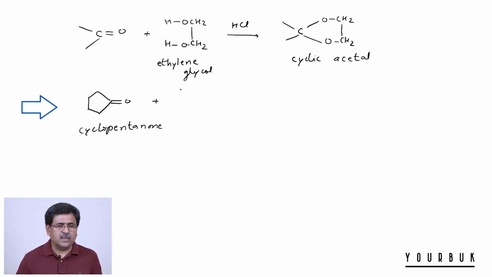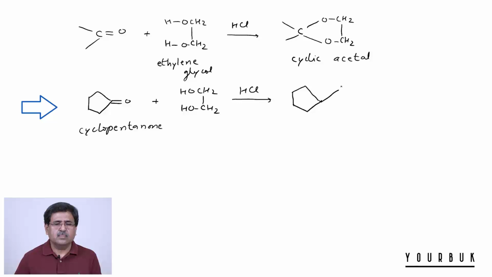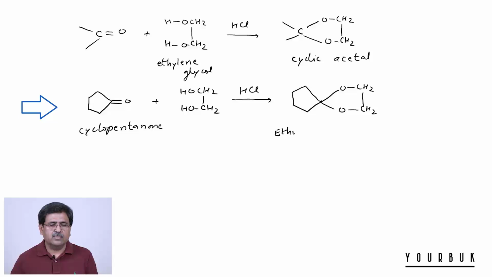On reaction with ethylene glycol, in acidic medium, it gives a cyclic acetal. And the cyclic acetal is named as ethylene ketal of cyclopentanone.